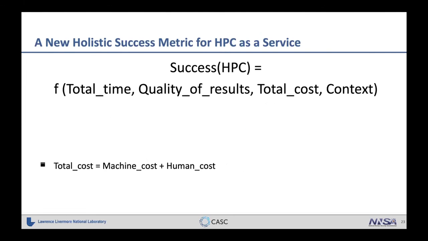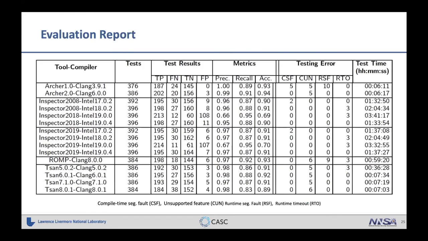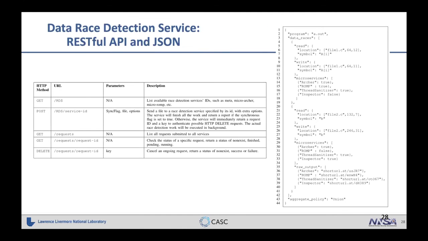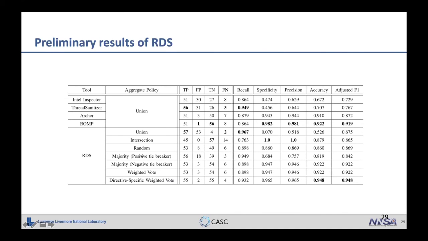And for this kind of data race detection result, how do we combine them? This is another attempt to combine program analysis from multiple sources. Even with conflicting results, we still want to combine them, just using different aggregation policies. We even assign weights to different tools because they have different accuracy.